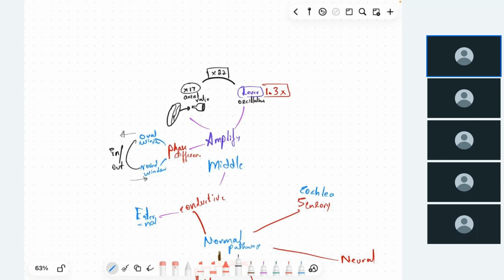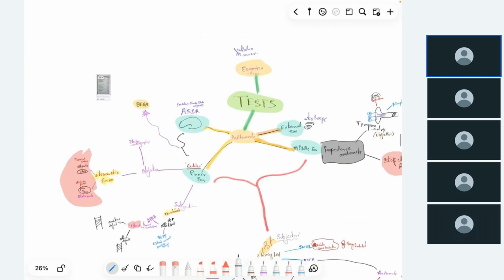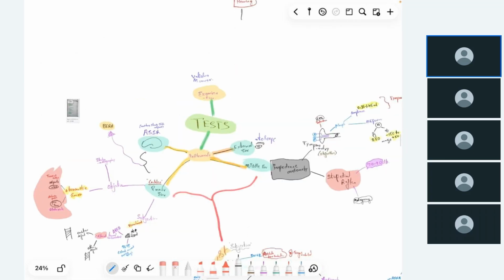When the footplate of stapes goes in, the secondary tympanic membrane comes out. I explained it in great detail while explaining the anatomy of the middle part of the middle ear. These two, the phase difference and the areal ratio and lever action, help in amplification of sound in the middle ear. This is about the amplification of sound by the middle ear. Let's proceed on to the next topic of discussion, that is theories of hearing.